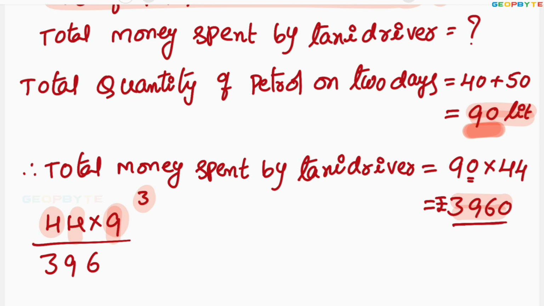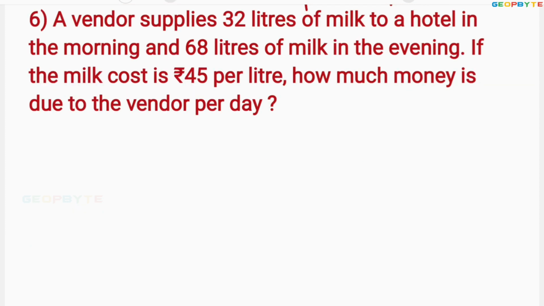I hope all of you clearly understood. Now let us move to the sixth problem. Look at the sixth problem. A vendor supplies 32 liters of milk to a hotel in the morning and 68 liters of milk in the evening.